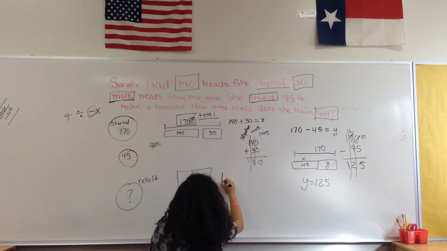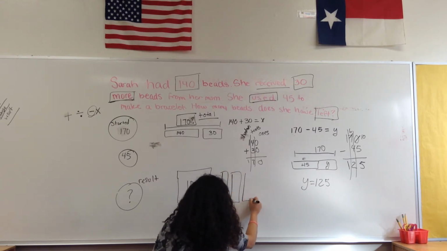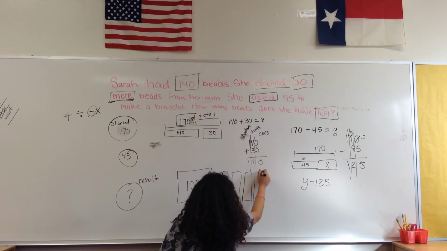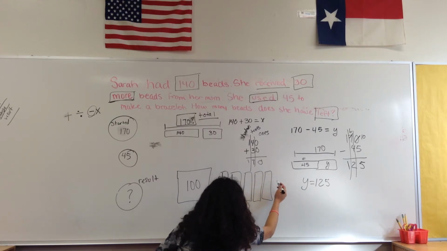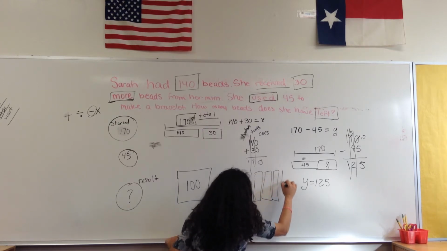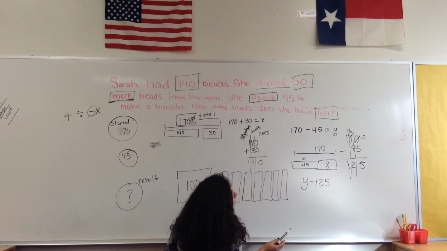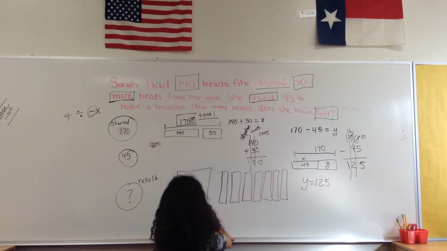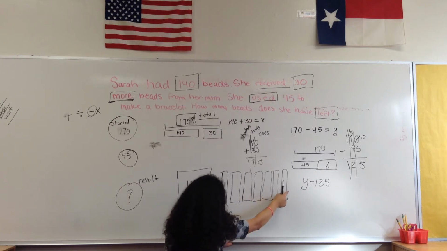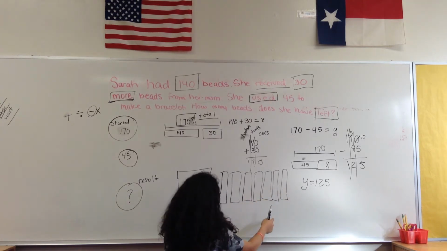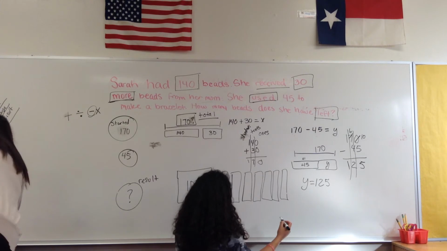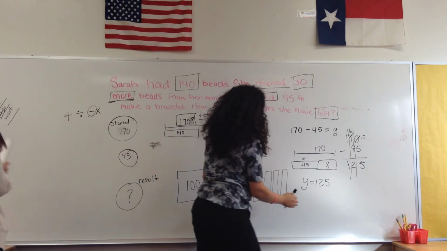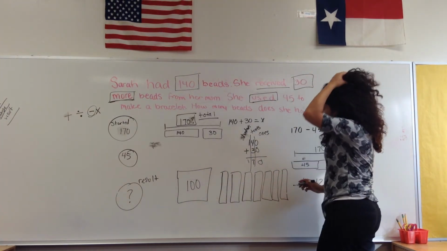And we're going to do 7 tenths. 1, 2, 3, 4, 5, 6, 7, and 100. So that's 100. So that's 10, 20, 30, 40, 50, 60, 70. 170 minus 45. Let's make our 45. Let's make some room right here.